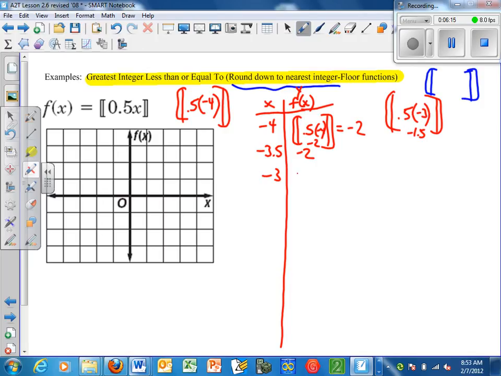And that actually will be negative 2 as well, because you have negative 3 times a half, that'll be negative 2.